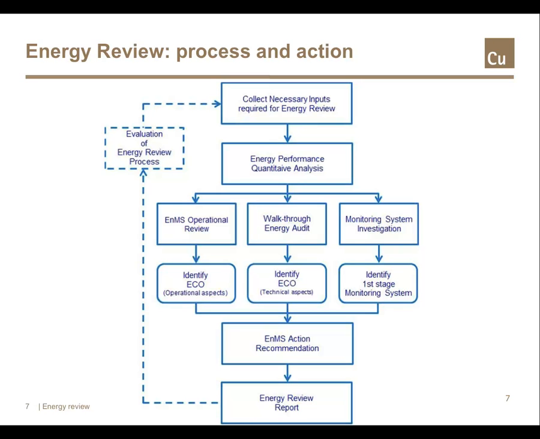A walkthrough energy audit, sometimes called a preliminary energy audit, to identify technical aspects of the energy conservation opportunities, and an investigation of the energy monitoring system to identify first stage changes needed to the monitoring system for immediate implementation. The findings from these 3 actions are processed to generate recommendations to be incorporated in the energy management system actions.